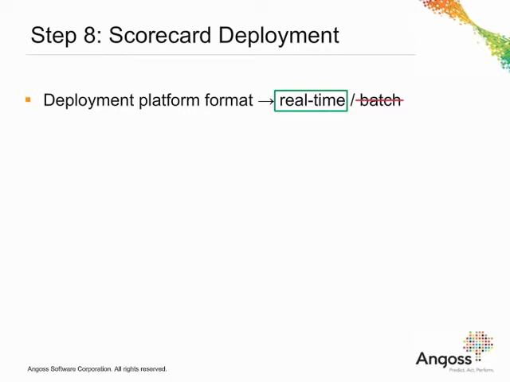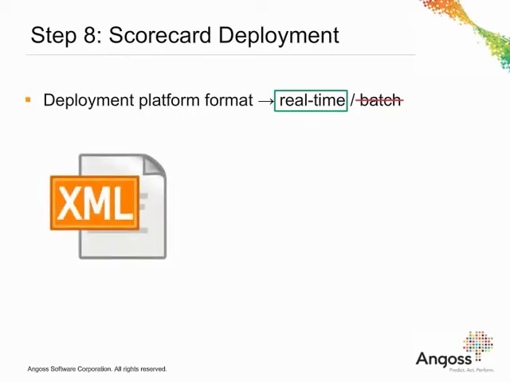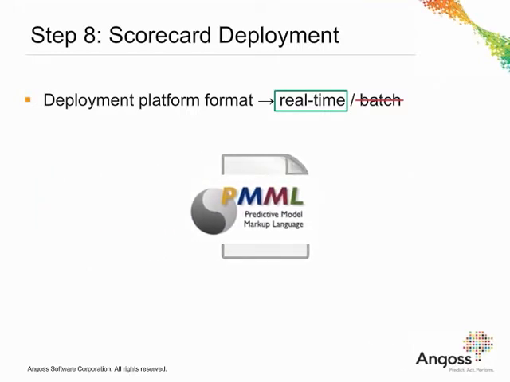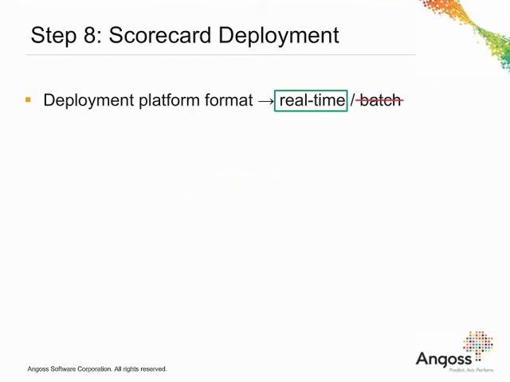In this space, many systems accept or even deal only with documents in extensible markup language, or XML. The final form of the scoring table then could be produced in Predictive Model Markup Language, or PMML, a format compatible with XML.